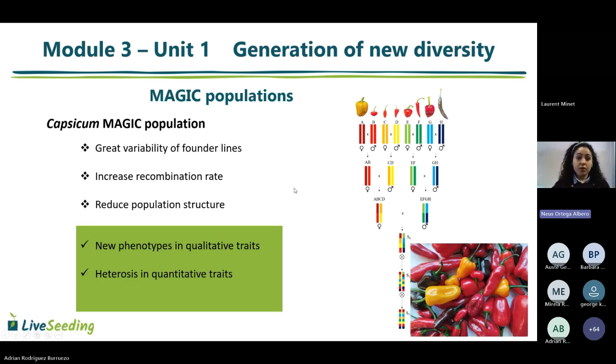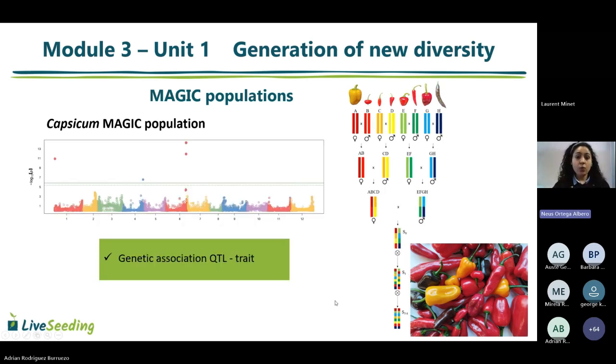Next slide. Finally, we were able to relate some interesting traits, like fruit color, with new QTLs or genomic regions. This part will be further explored in Module 4, explaining how to perform genetic association with phenotype or traits, in the first unit of Module 4, sorry.